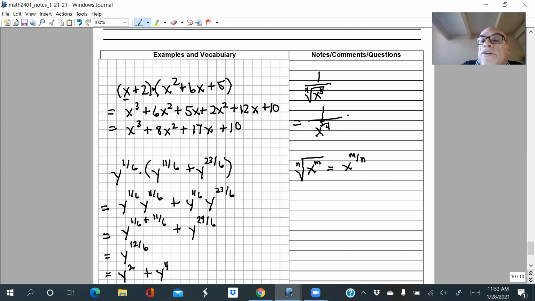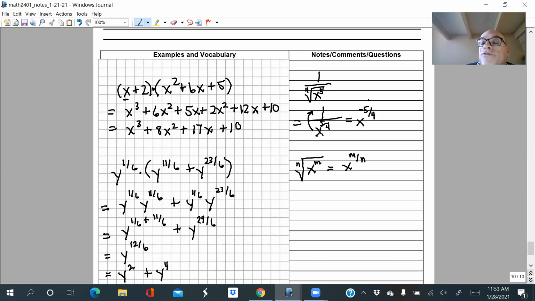So fourth root of x to the 5th is the same as writing x to the 5/4 power. Now, there's one other simplification we can do here because this is a reciprocal. So you have this x to the 5/4 power in the denominator. The way you can get that out of the denominator is change the sign of the exponent. So 1 over x to the 5/4 power is the same as x to the minus 5/4 power. You can pull that out of the denominator by giving it a negative exponent.